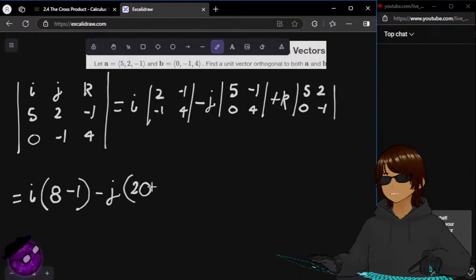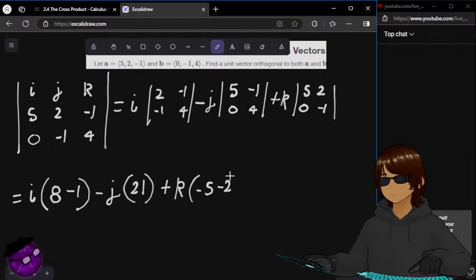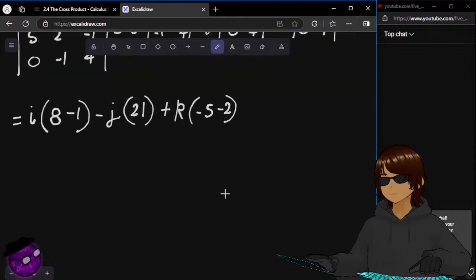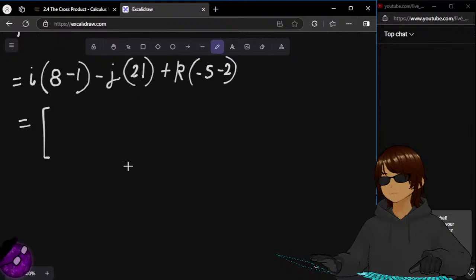I'll just write 21 here. Plus it with K. -5, -2. And this gives 8 minus 1 is 7, -21, -5 minus 2 is -7.